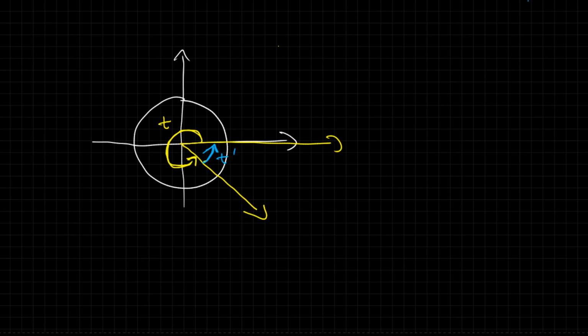So in quadrant 4, and this particular equation is only going to work in quadrant 4, t plus t prime is equal to 2 pi. Because if you go around by t and then a little bit more by t prime, then you make one full revolution, and one full revolution is 2 pi.